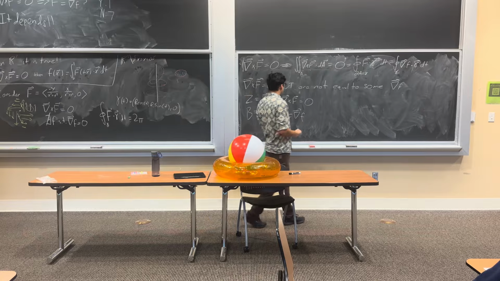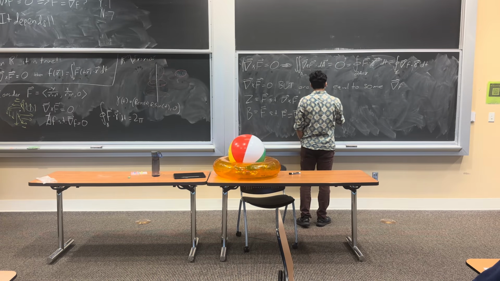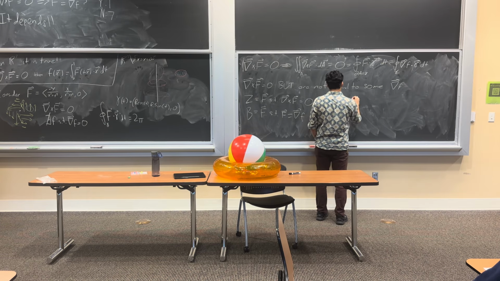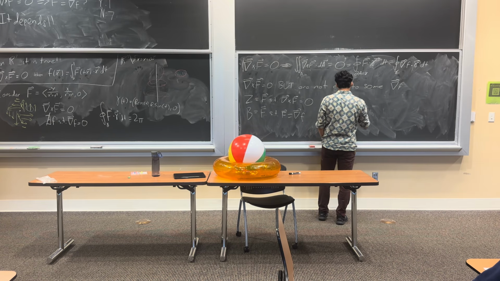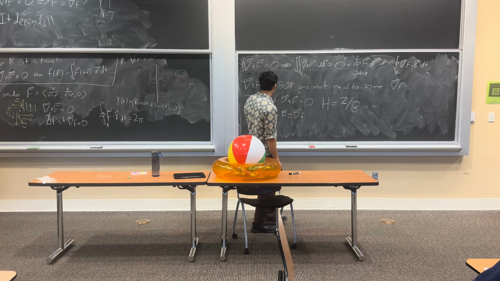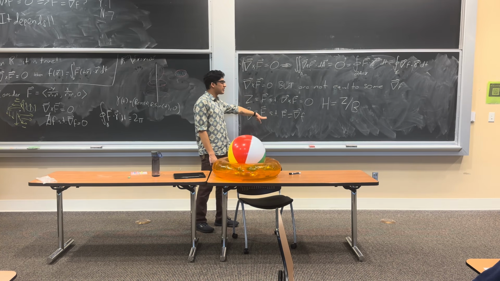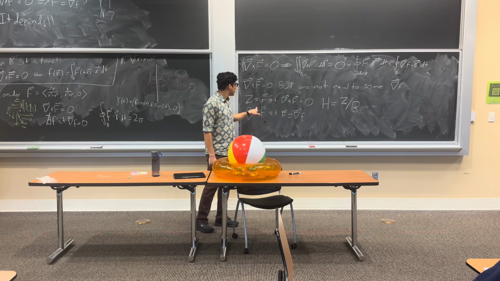And the group I care about actually is neither of these, it is H, which is going to be Z over B. These are the closed ones, these are the exact ones, what we call them. Closed and exact.